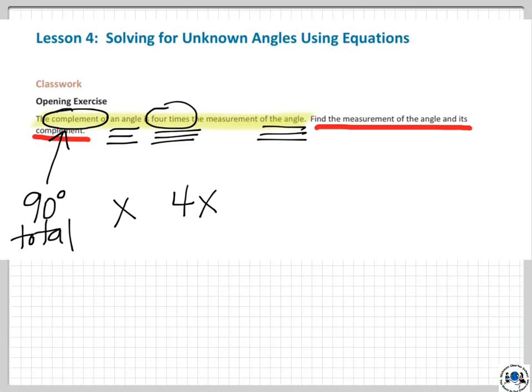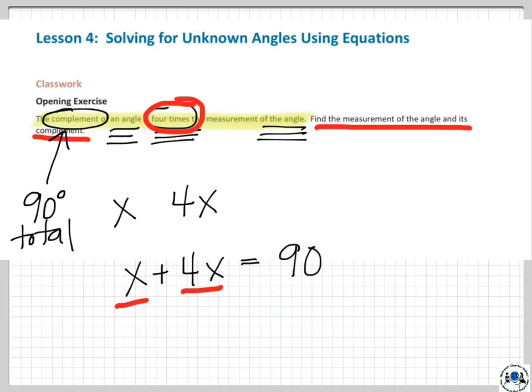Then we have another one, because the complement of angle x is going to be 4 times the measurement, therefore it is 4x. If we put these together, we'll come up with the equation x plus 4x equals 90, because these two angles are complements of each other, which is told to us right there.